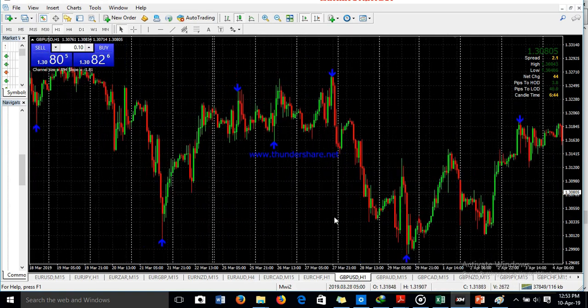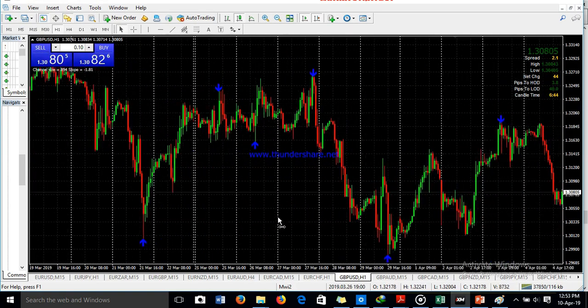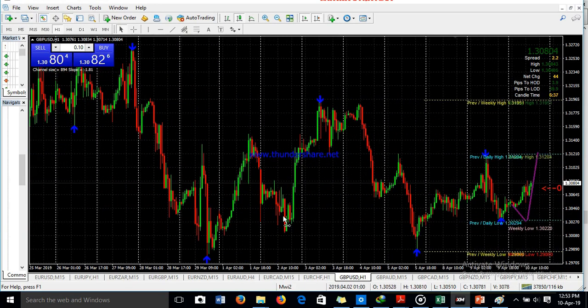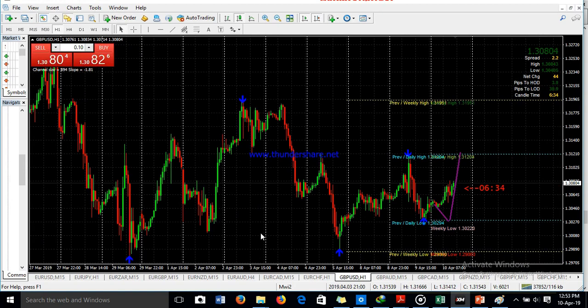Okay, look at this. When you look at the 1 hour chart, it also gives you a better perspective of how the market is. So you can use the 1 hour chart to analyze, but you take the trades on the 15-minute chart.